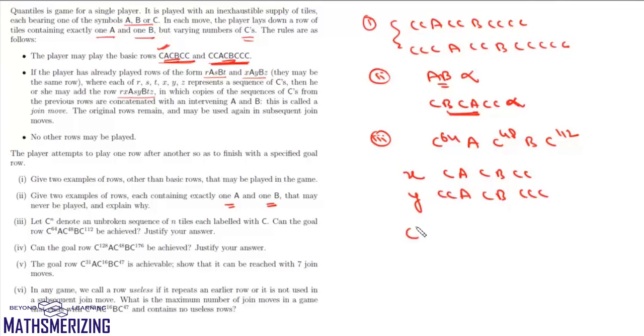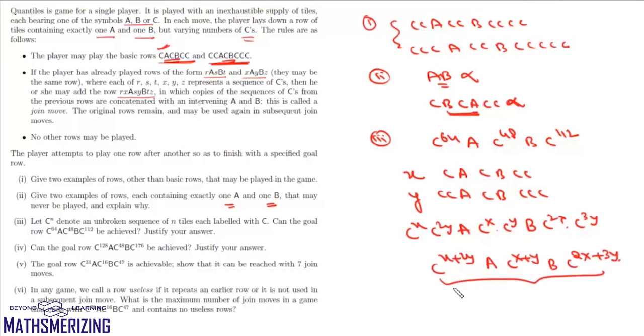Then we'll get C^(x+2y) A, C^(x+y) B, C^(2x+3y). So these are the permissible results that we'll have from these operations.